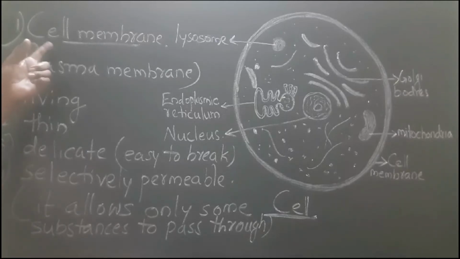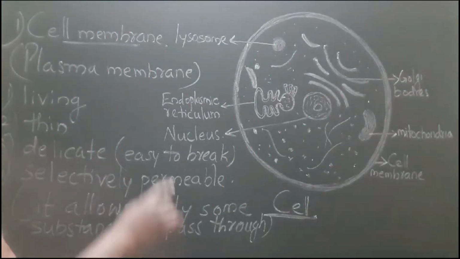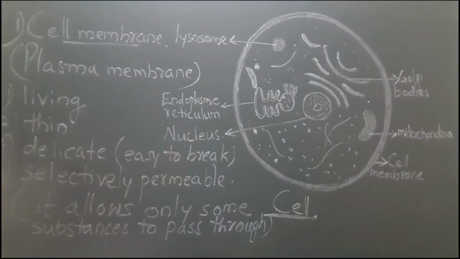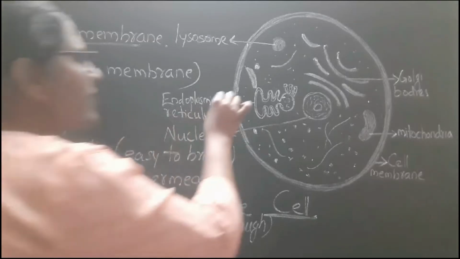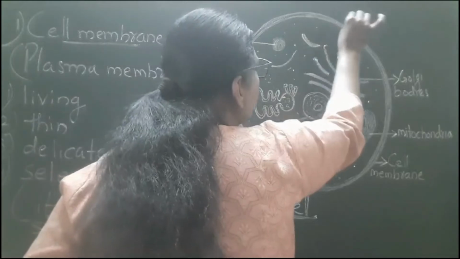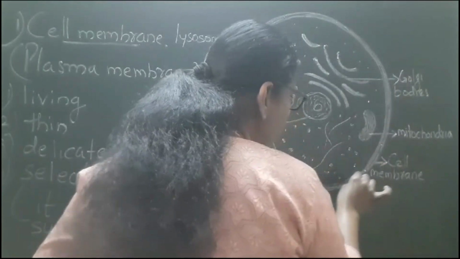So, the outer layer of the cell is called the cell membrane, otherwise called the plasma membrane. It is living and it is very thin, delicate, selectively permeable. It has small pores in it, small holes.